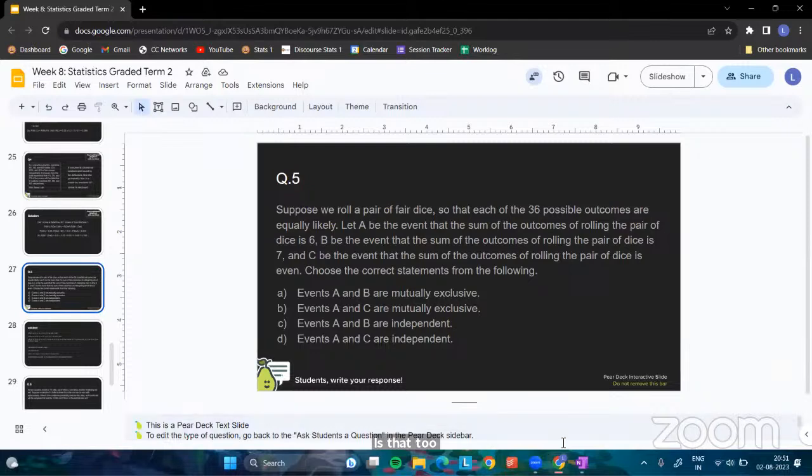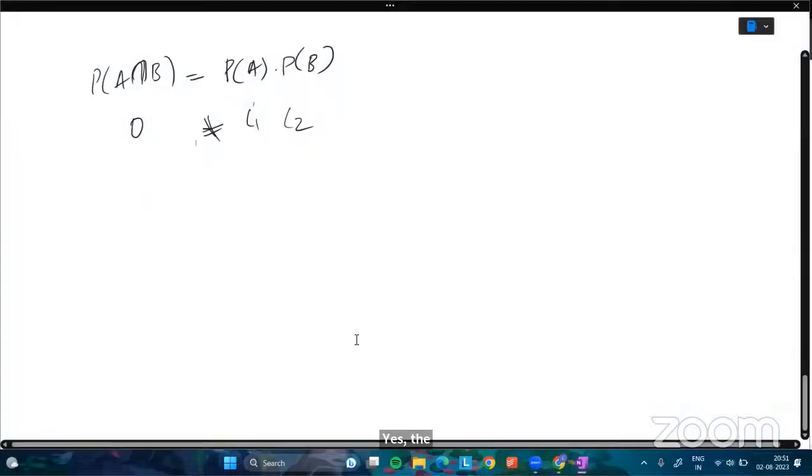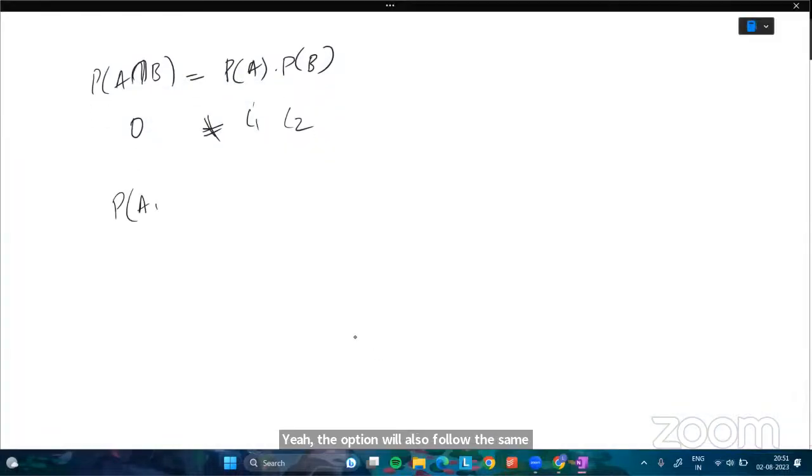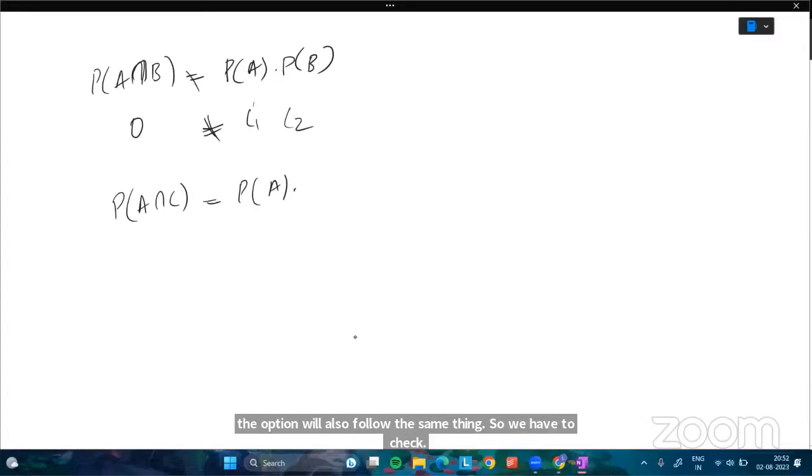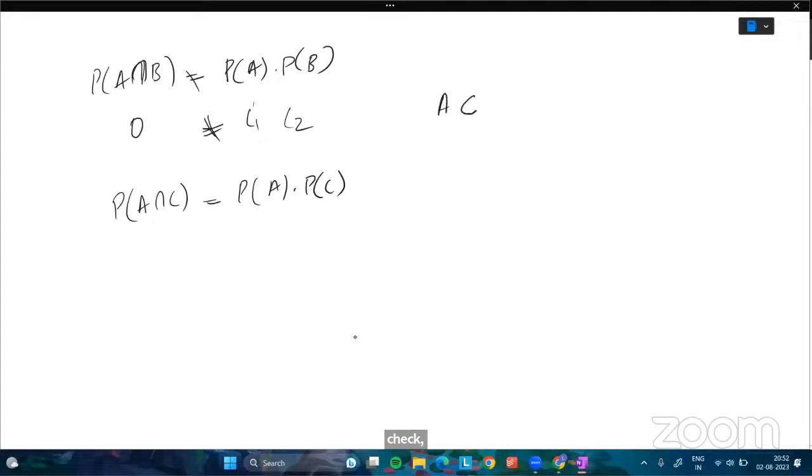The D option will also follow the same thing. So we have to check probability of A intersection C is equal to probability of A into probability of C. Now, one thing we realized earlier is A is completely contained in C, right? Yes, ma'am. So probability of A intersection C is basically the probability of A happening.